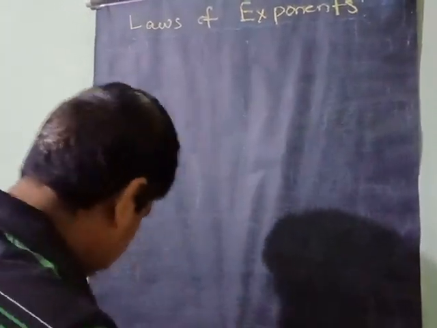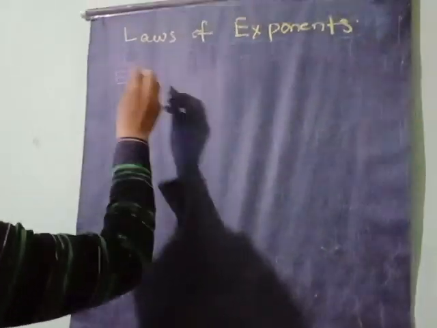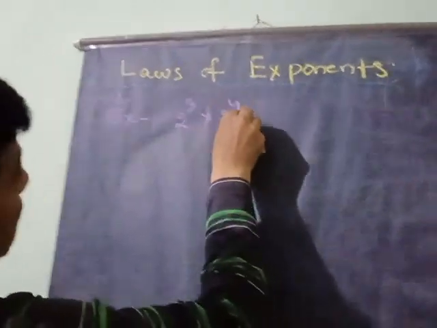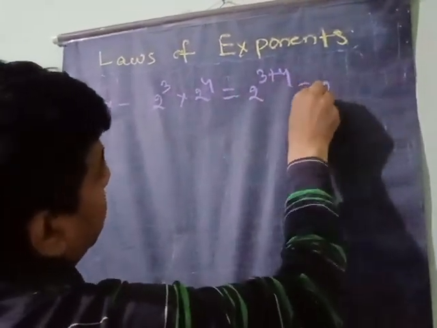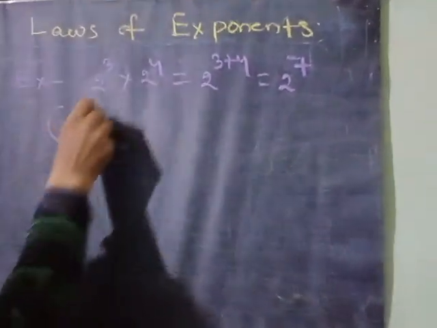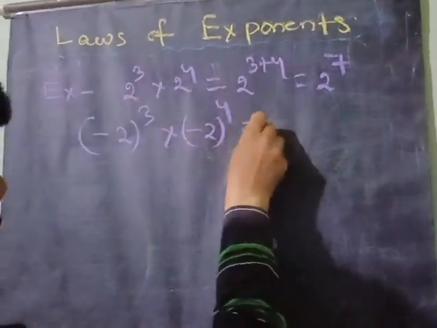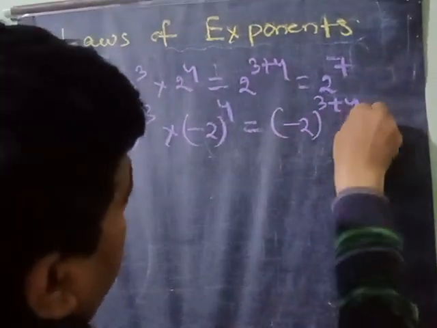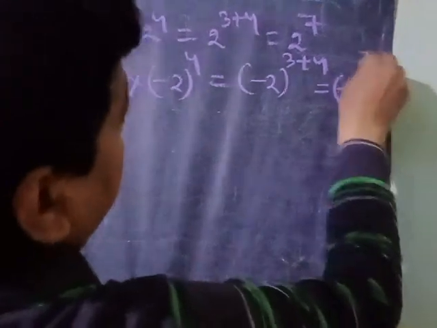First example, you see now: 2 to the power 3 into 2 to the power 4. What is that? 2 to the power 3 plus 4 is equal to 2 to the power 7. Very clear. You write minus 2 to the power 3 into minus 2 to the power 4. It will also be minus 2 to the power 3 plus 4, which is equal to minus 2 to the power 7.